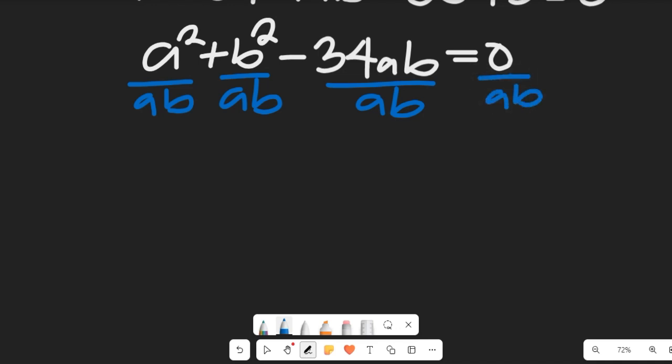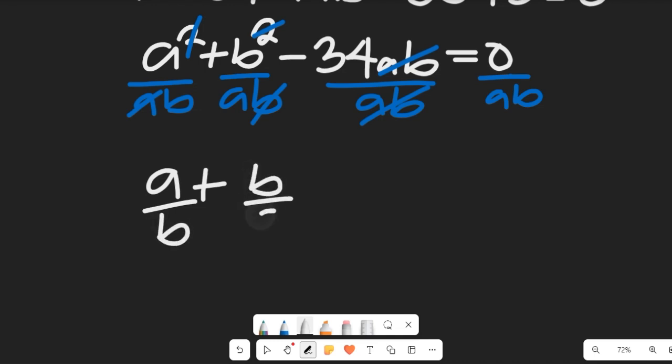So from this division, a square will cancel out one a, b square will cancel out one b, and the ab will cancel out ab. And what will that give me? That is going to give me a divided by b plus b divided by a minus 34, and this will be equal to 0.